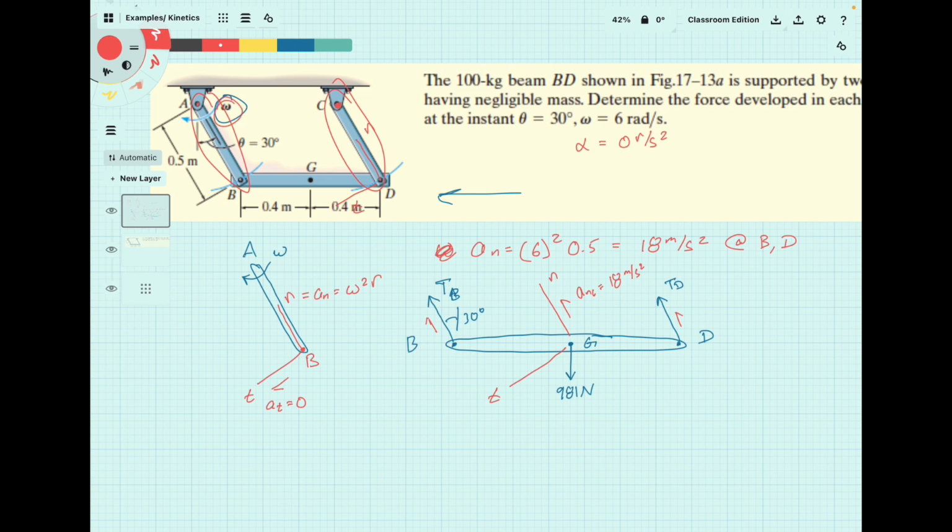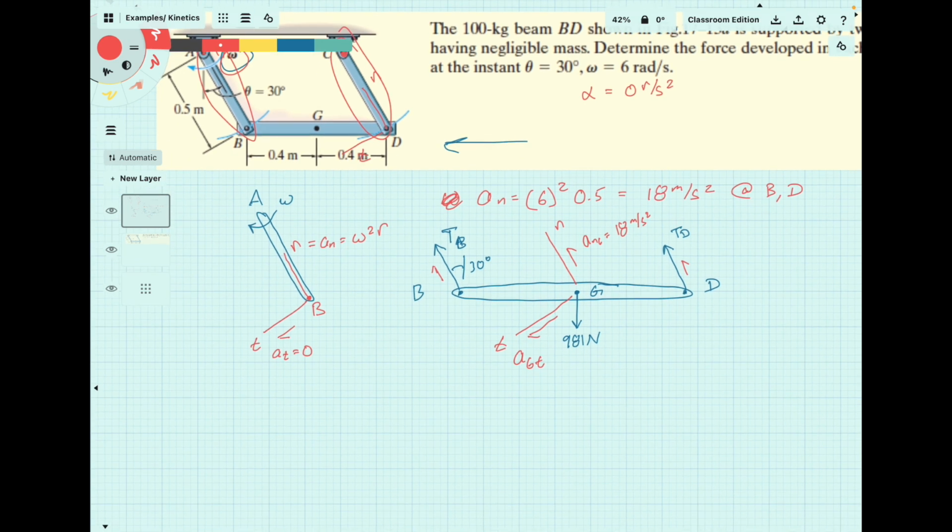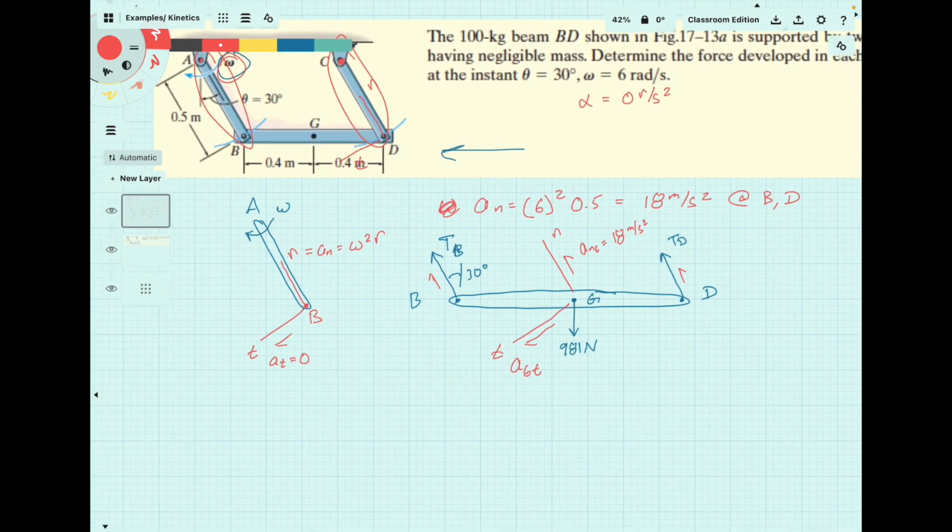But G, the center of the bar itself, is definitely moving through some sort of geometry, but it's not a circular arc. So we can't say in this coordinate system that AT is 0. We're going to say AT at G is an unknown at this point. If it proves to be 0, that'd be great, but it's not going to. It is going to have a meaningful value here.